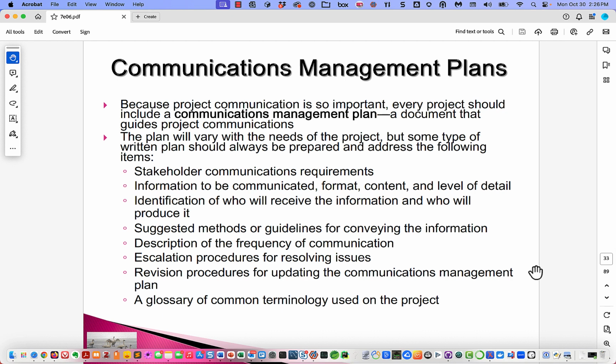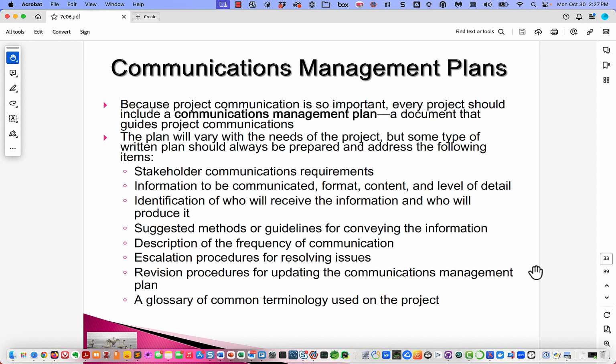The plan will vary with the needs of the project, but some type of written plan should always be prepared and address the following items: stakeholder communications requirements, information to be communicated, identification of who's going to receive it, who's going to produce it, method or guidelines for conveying the information, description of the timing and frequency of the communication, escalation procedures for resolving issues, revision procedures for updating the plan, a glossary if we're using uncommon terms.